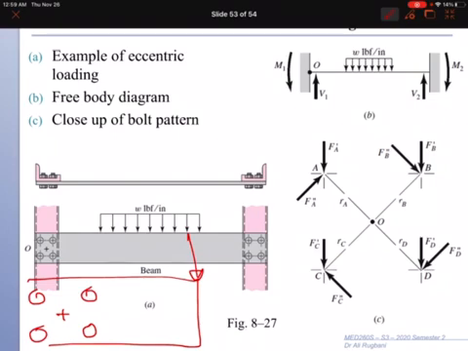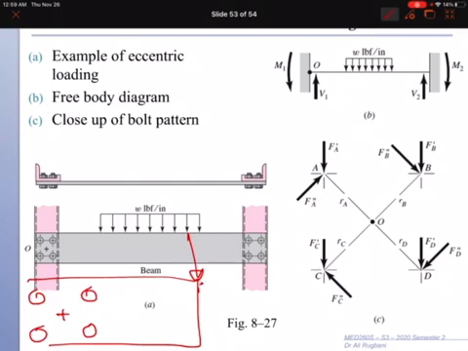Now the line of action of the force doesn't go through the centroid, which means we have eccentric loading. And that eccentric loading comes from the different load carried by each bolt.